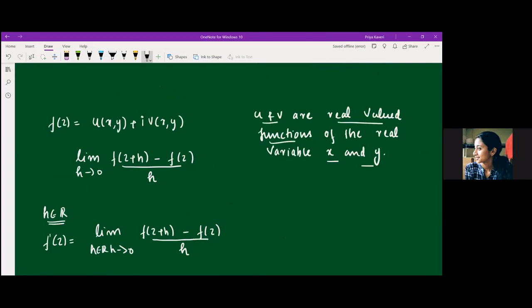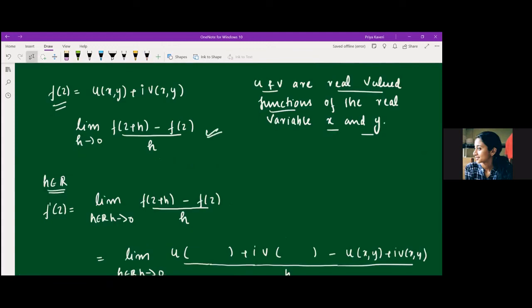Now from this idea, suppose f(z) is holomorphic. Can we get some necessary condition from here? I will just show our motivation. Suppose f(z) is holomorphic. So this limit exists, and exists means it is independent of path. As in the previous case, we will try to see what the limit is if we approach through the real axis and the imaginary axis.